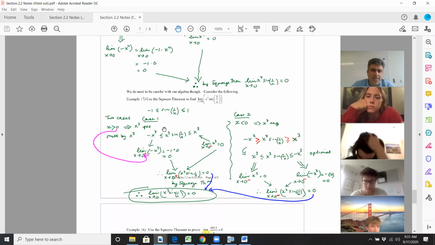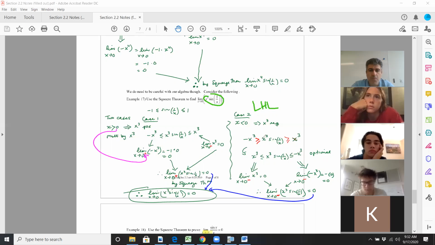when you're approaching 0 from the left side, that does turn this x cubed into a negative value. So now the meat becomes negative when you're doing the left-hand limit. Remember, we are multiplying this by x cubed, so when approaching 0 from the left side, you are technically changing the signs of all these.